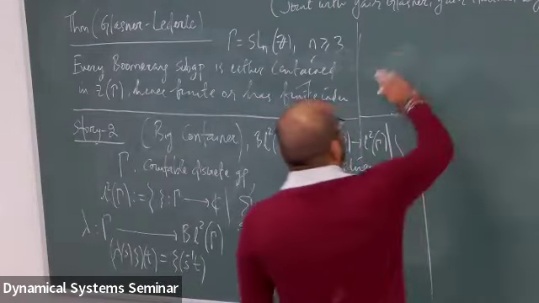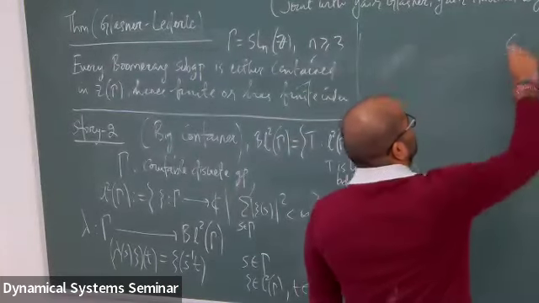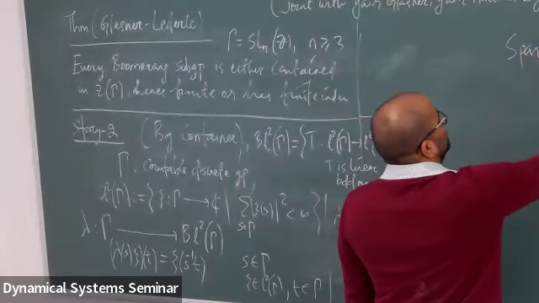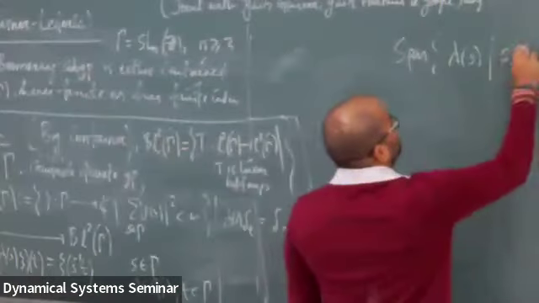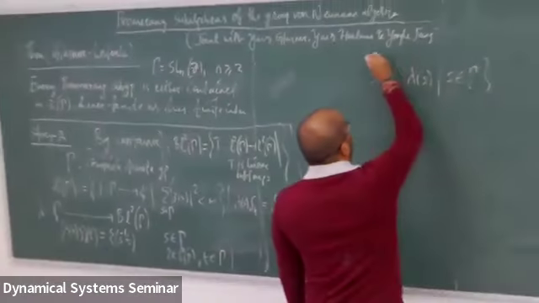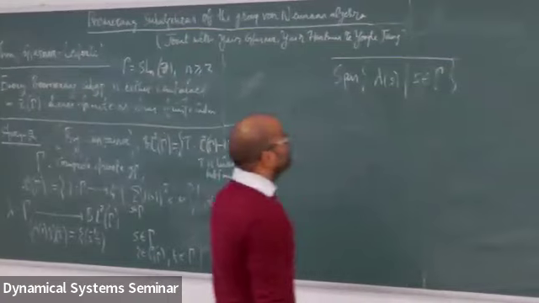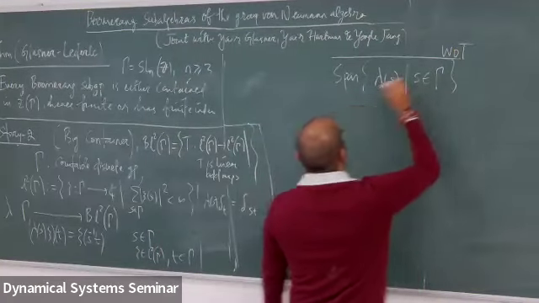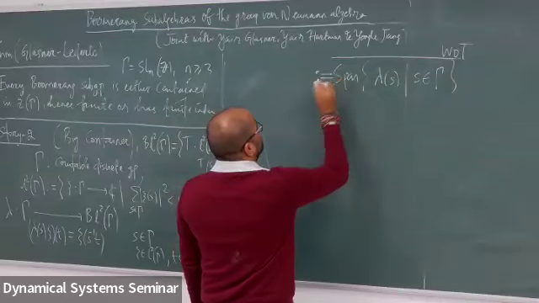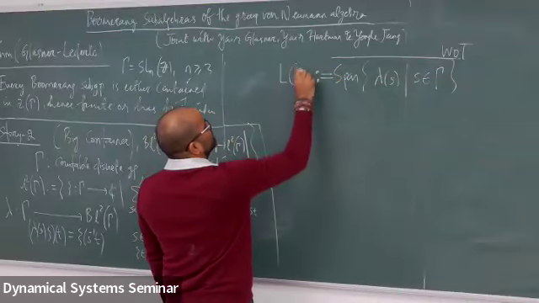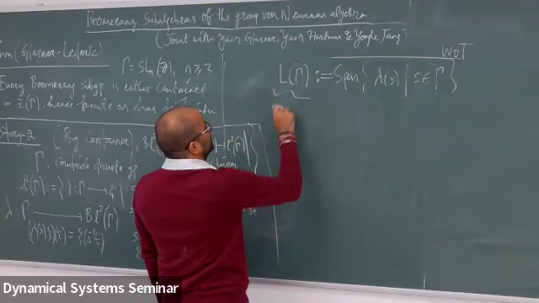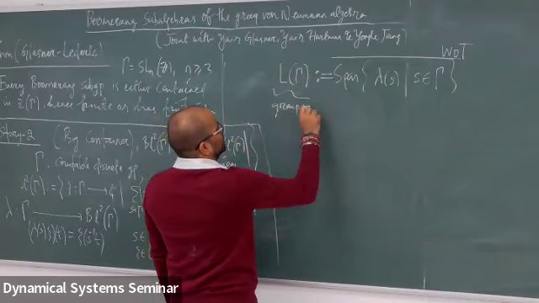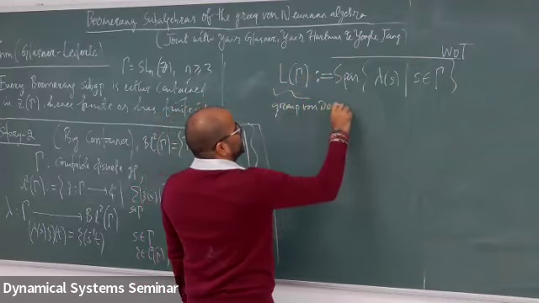Now I can look at the span of these lambda_S's, which basically forms a group ring, and then I want to close it. I will close it in the weak operator topology, and the object that I get here is what is called the group von Neumann algebra.